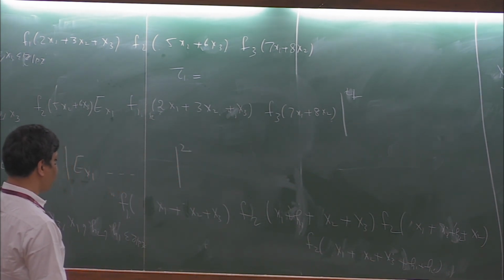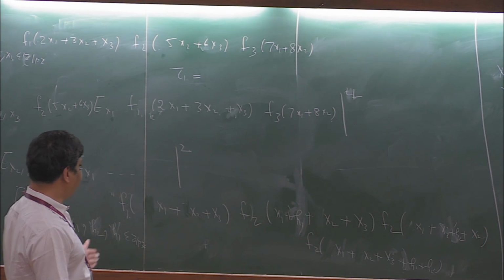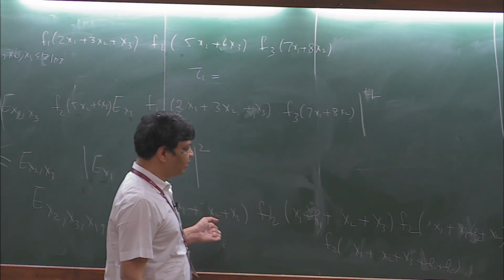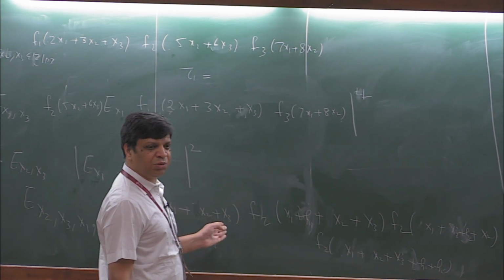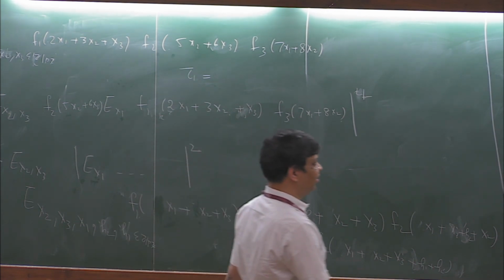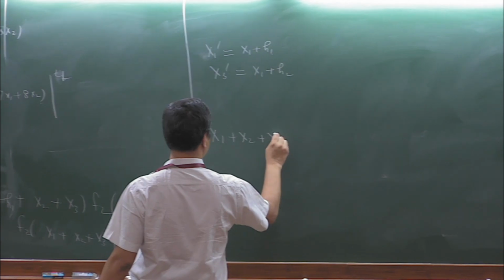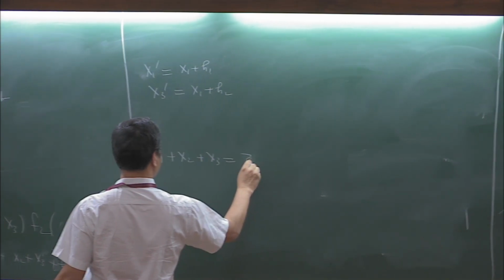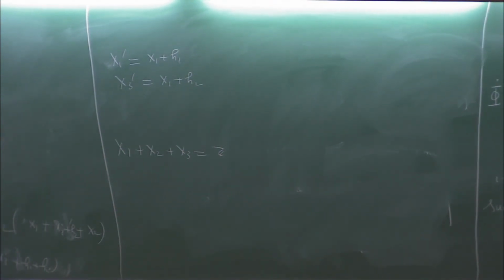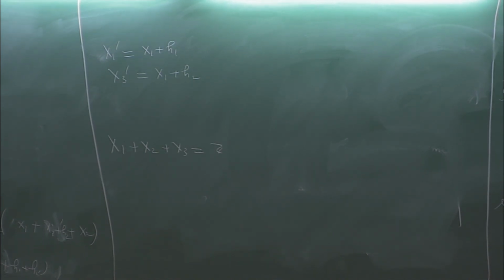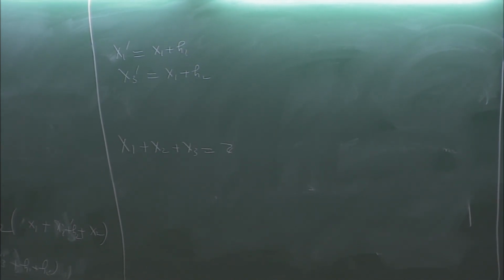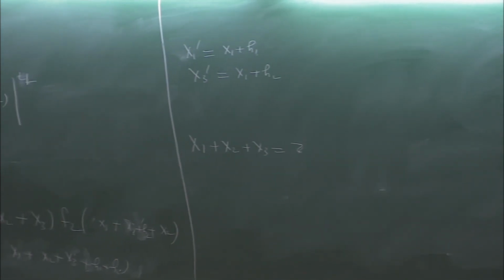Now I make another change of variables by saying that x1 plus x2 plus x3 is equal to z. And once I do that, I notice that this is exactly the Gowers U2 norm. All the other variables will simply disappear, because there are more variables here than there are in the Gowers norm, but they disappear.